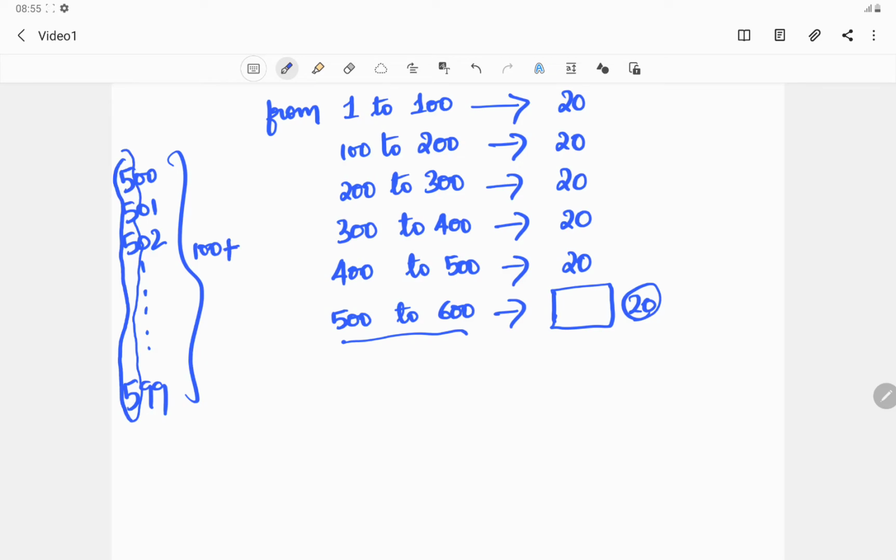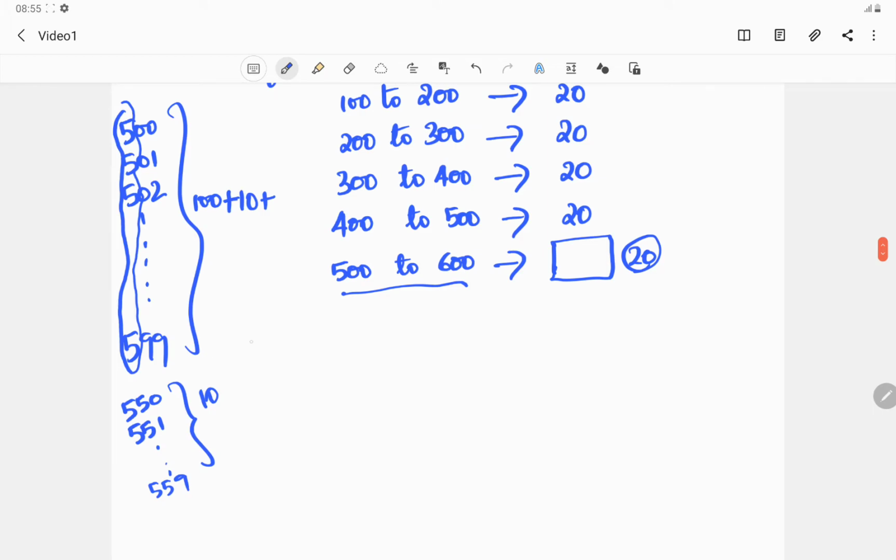In addition to this 100, there will be 550, 551 till 559. So there are another 10 numbers. So 110 plus.